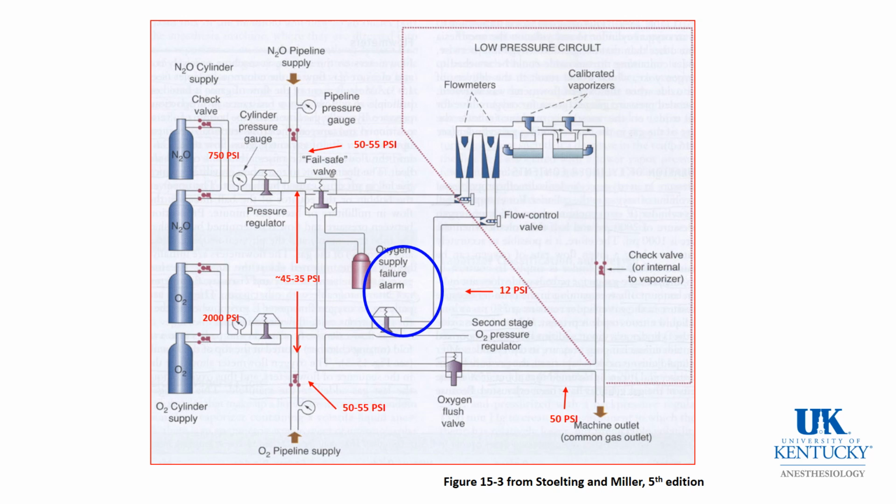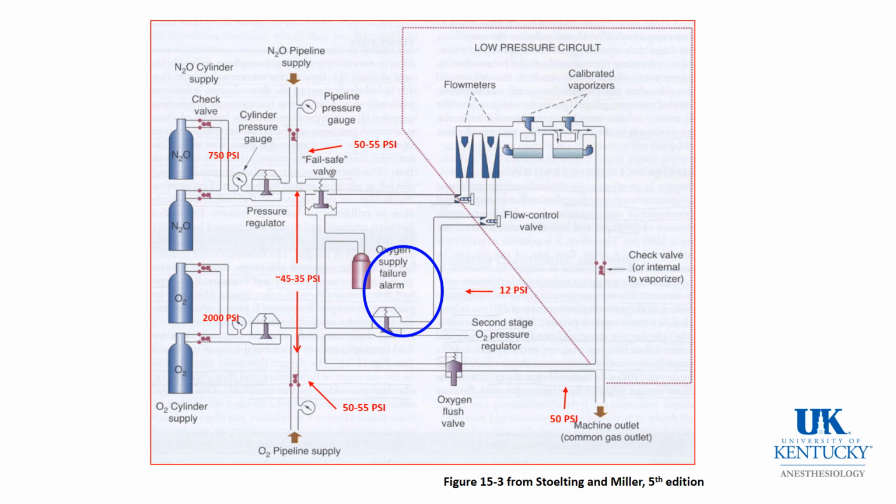Now, this just shows what this is all about. There's an alarm here that notices when the pressure going to the vaporizers goes below 12 psi. And if you lose the pipeline pressure very rapidly, this pressure will go below 12 and the alarms will go off.